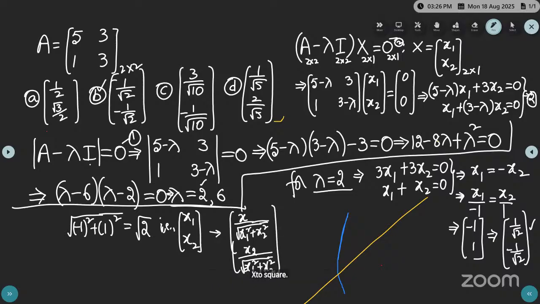For this, the normalized eigenvector is this one. Okay. So we have got now the normalized eigenvector for this one.